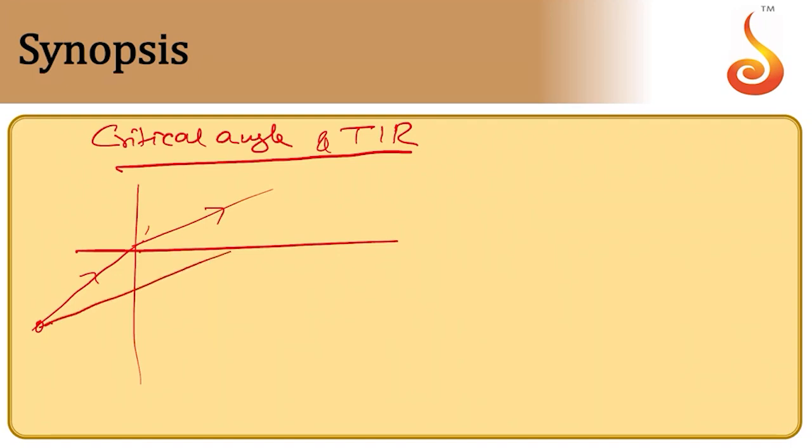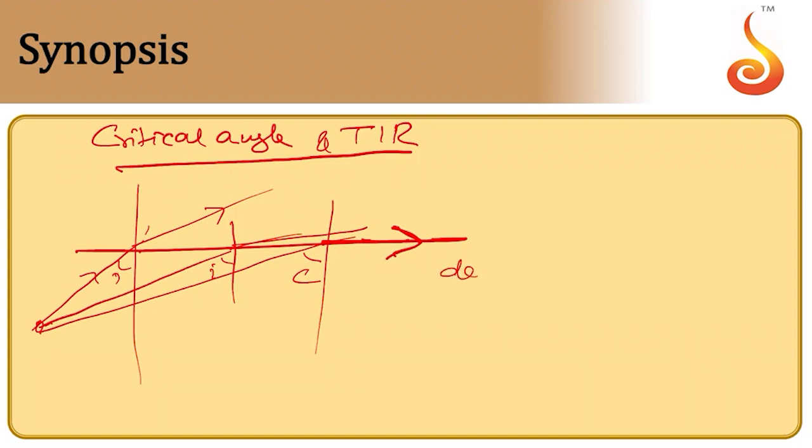And if I change the angle of incidence, notice that the angle of incidence is here, and I'm increasing the angle of incidence, and it starts getting towards the normal, so towards the interface. Now for a particular position called as C, the refracted ray just grazes the surface, and this angle of incidence in the denser medium, while the ray tries to get out into the rarer medium, is called as critical angle, and this phenomenon is known as total internal reflection.